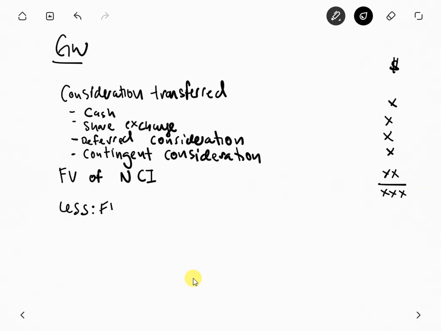The net assets have to be at fair value. Fair value of net assets acquired at the date of acquisition. What are they?